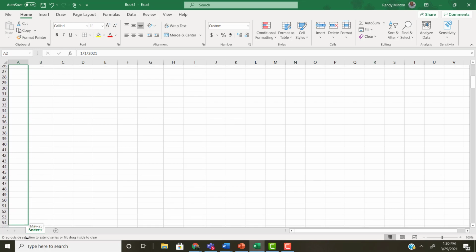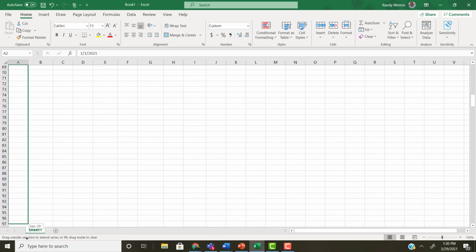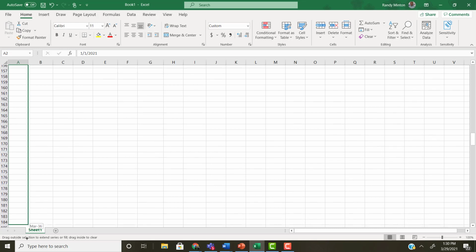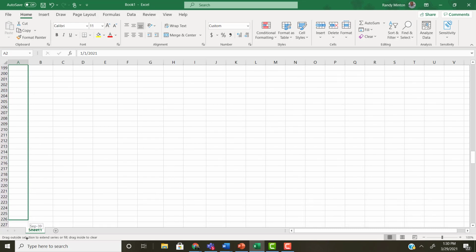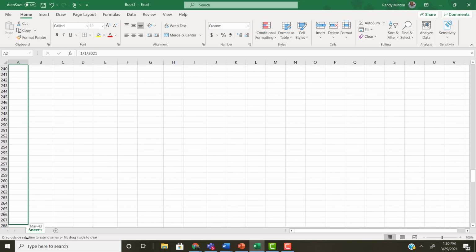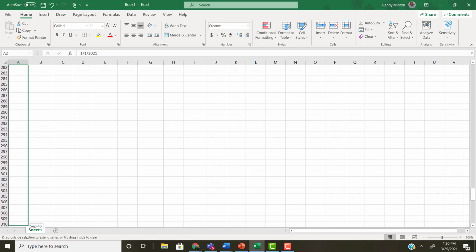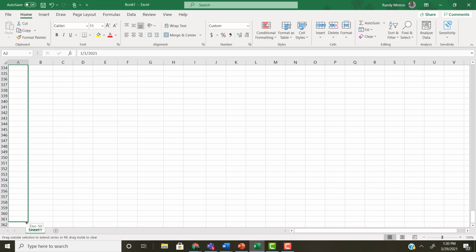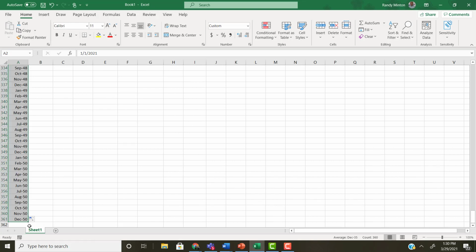In this case, I started on row 2, so I've got to come all the way down to row 361. Takes a little bit to get there. All right, so 361. And that tells me that in December of 50 is when we'll actually have the place paid off.